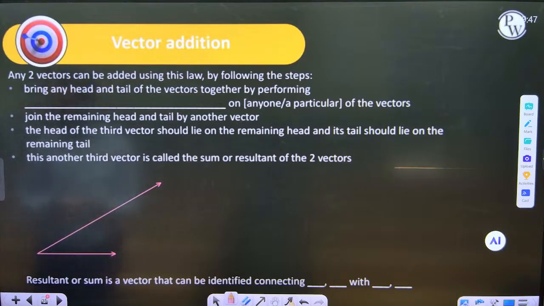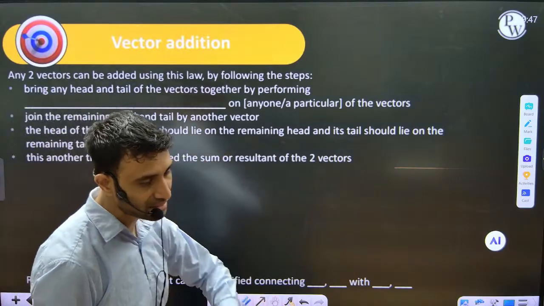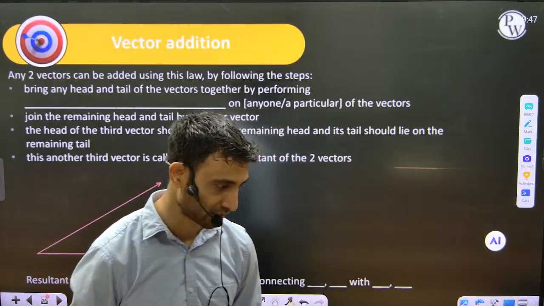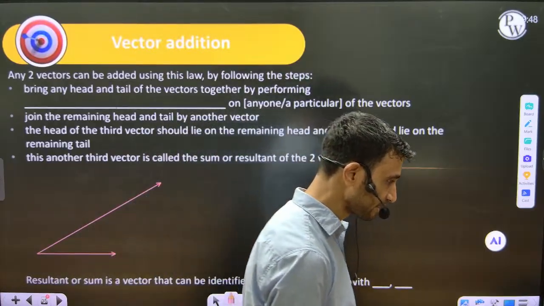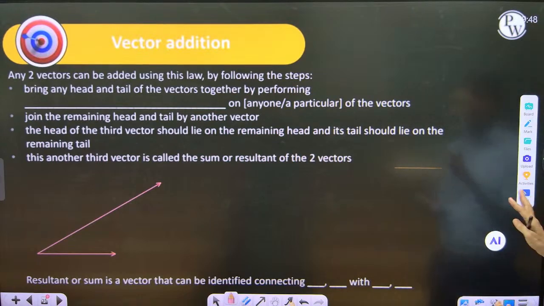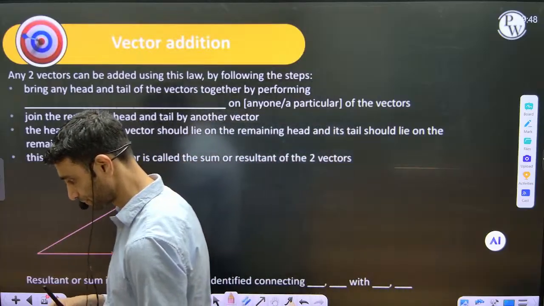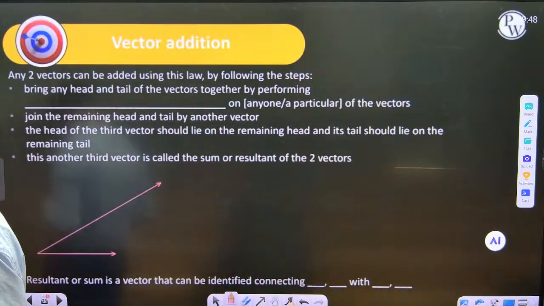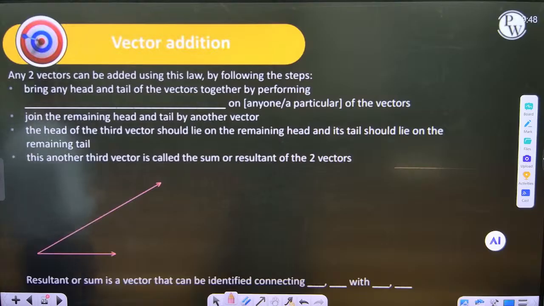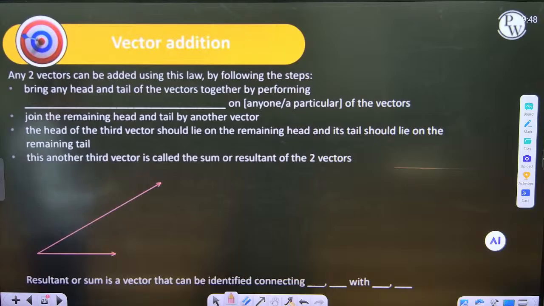Why are we going to study vector addition? I'll not start the topic right now. I'll just tell you why we are going to study vector addition, because if I start the topic, I can't complete it. It's a very big topic. There are a lot of things, and I want to do it in one particular class itself. If I start now, I won't be able to finish it. So what I'll be doing is telling you what vector addition is and why we need vector addition, right?